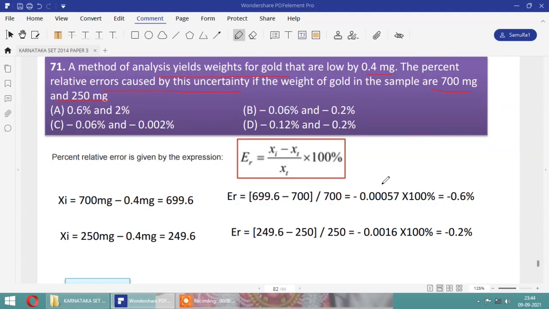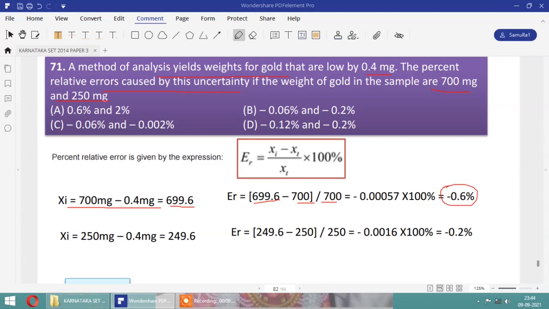The relative error is given as ER equal to xi minus xt by xt into 100 percent. Here xi equal to 700 milligram minus 0.4 milligram, which is equal to 699.6 milligram. Calculating the relative error, 699.6 minus 700 divided by 700 is equal to minus 0.0057, into 100 percent, you will get minus 0.6 percent.